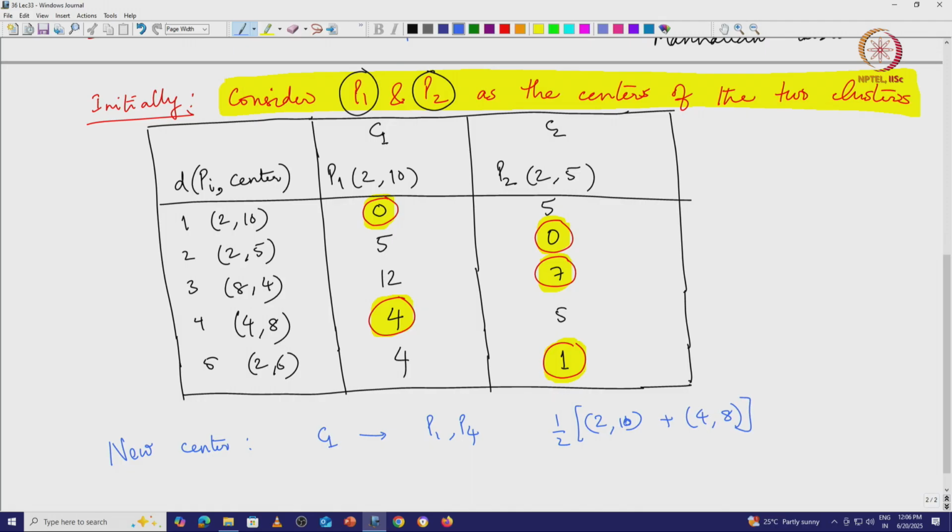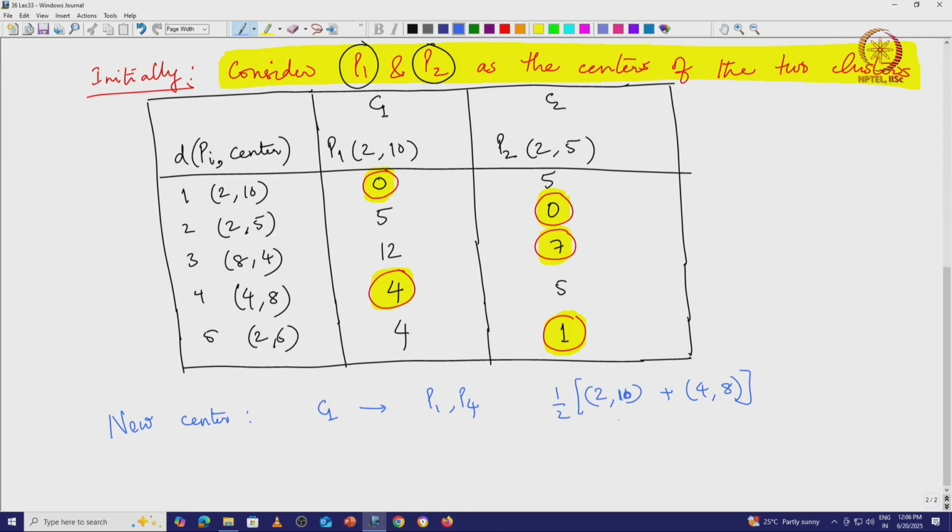Okay, so this is where it gets a bit unconventional, right, because usually we define the centroid and then work with the Euclidean distance, but here we are going to define the centroid but still work with the city block distance. So this becomes half of 6 comma 18, so that is essentially 3 comma 9. So that is the new center, right, of the clusters.